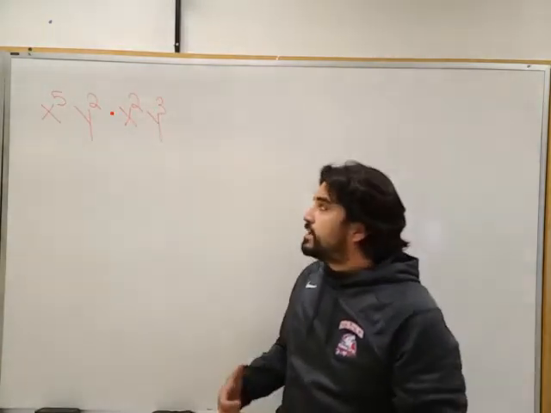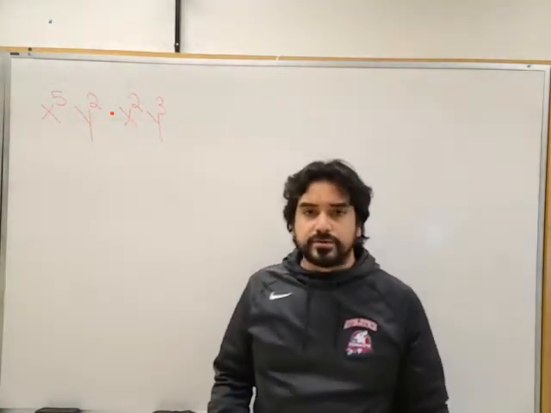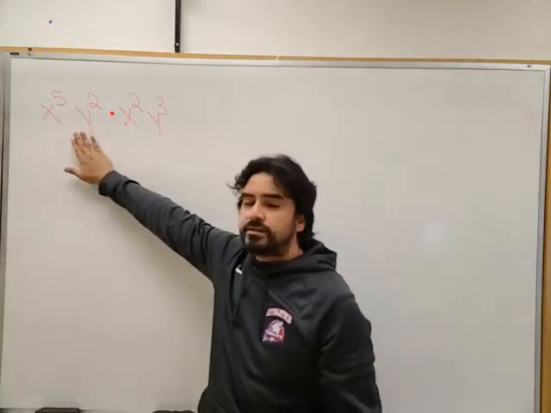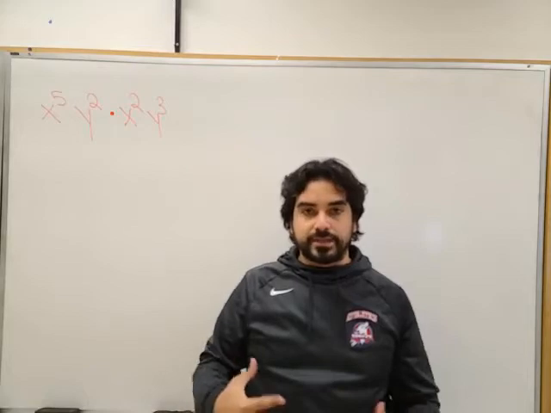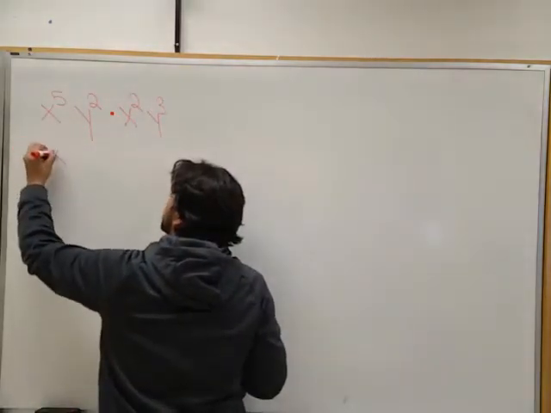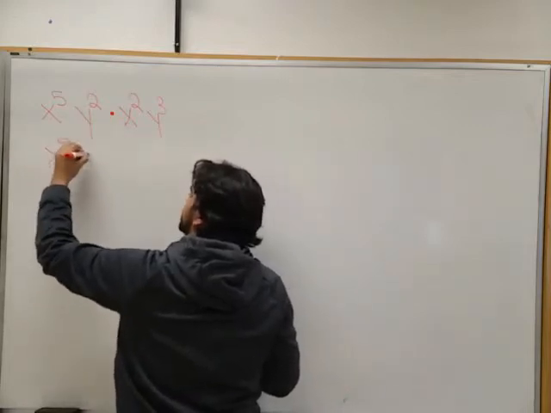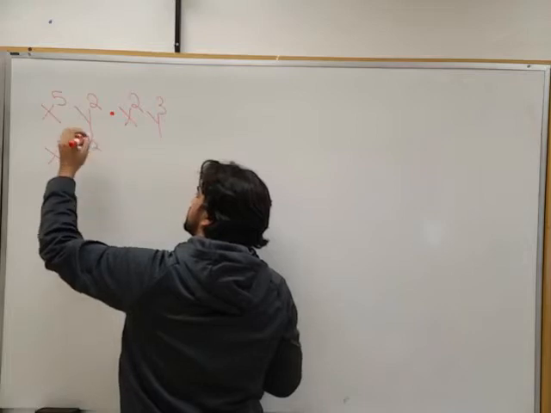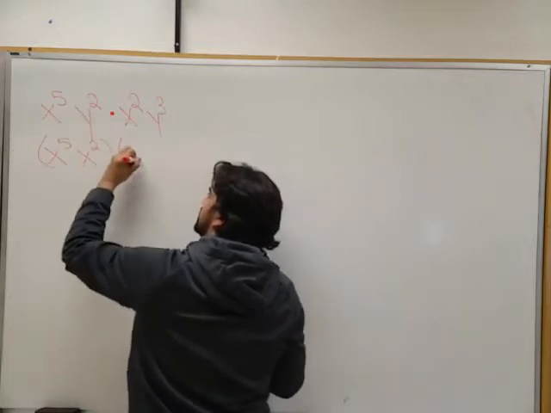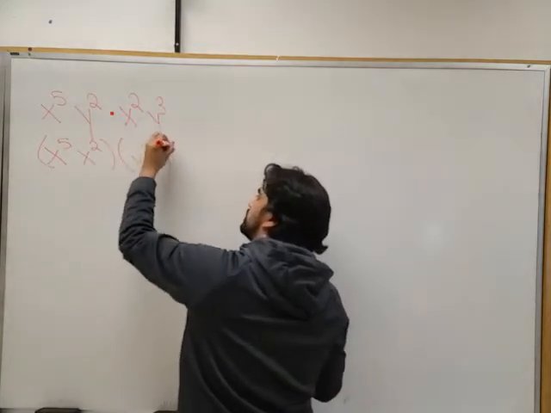All right, well, now we have more than one variable. So we're going to use the product of a power rule. First thing I'm going to do is, since we're multiplying, get my like bases together. First one I see is x to the power of 5. Next one, x squared. So I'm going to group these together, times y squared, y to the power of 3.